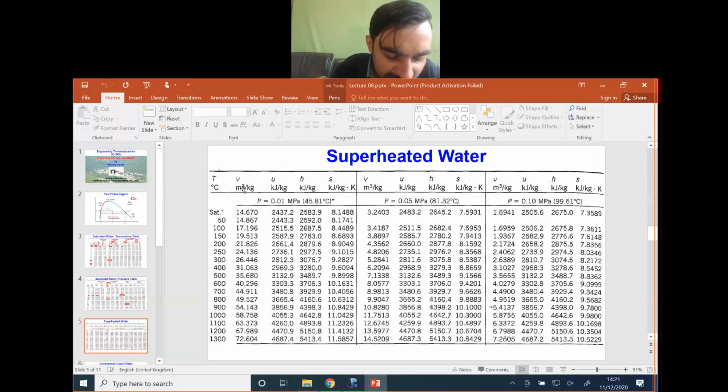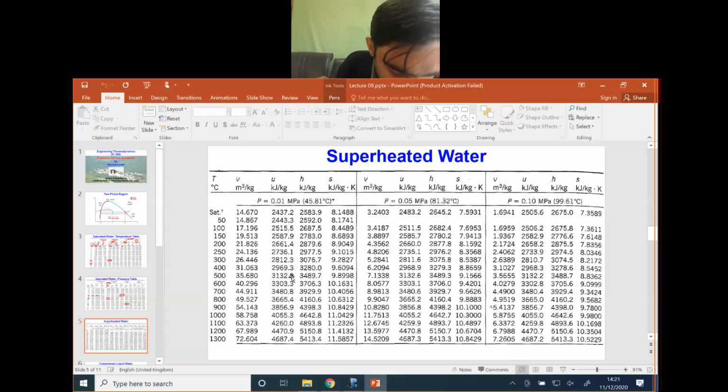Then next is specific volume, next is internal energy, next is enthalpy, next is entropy. And these tables are separately available for different values of pressure.